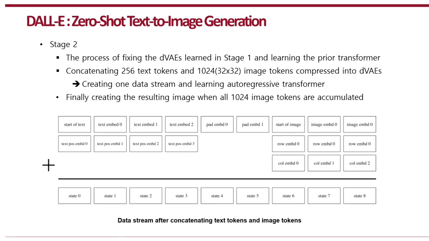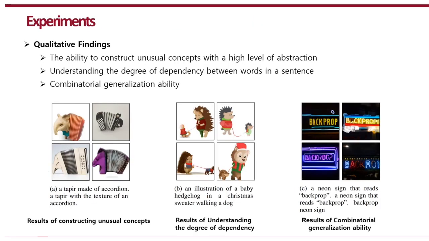Next, in stage 2, the dVAE learned in the first step is fixed and the prior transformer is learned. 256 text tokens and 1024 image tokens compressed by the dVAE are concatenated. This way, one data stream is created, and the joint distribution of text and image tokens is learned by training the autoregressive transformer.